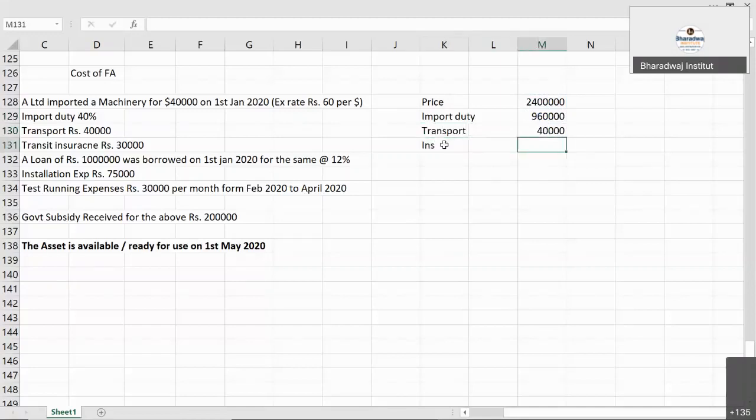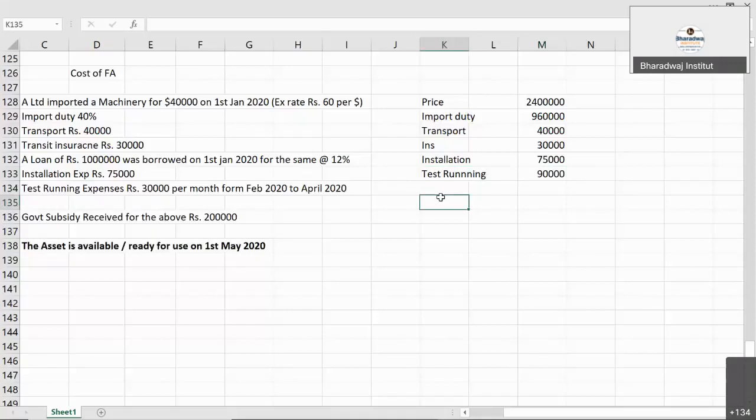Insurance during the transport also will be included because it is spent before the asset is put into use. Installation expenses should also be included. Test running expenses also will be included: 30,000 into February, March, April, 3 months.